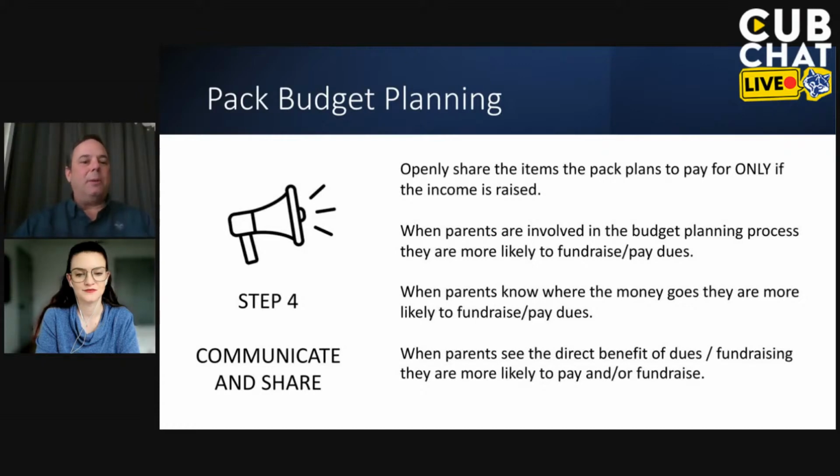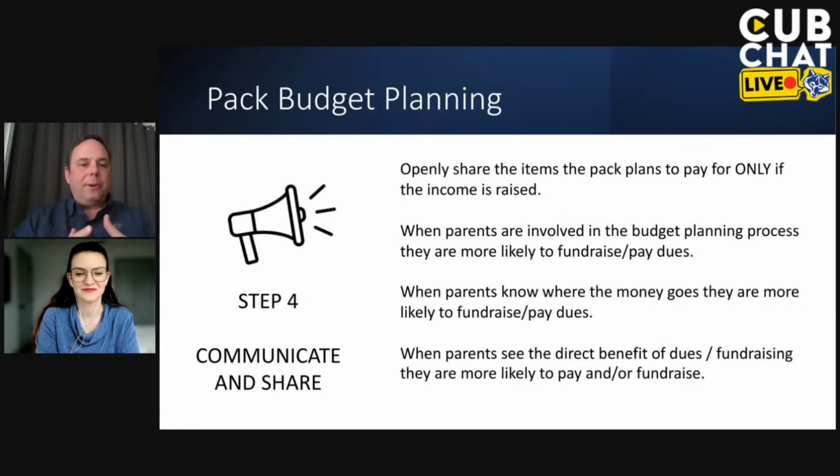So that's the key element of communicating: we plan on doing these things expense-wise, but that's only if we do these things on the income side too. Oh, okay. So you do have to make that connection with parents. You do have to make that connectivity between the expenses that we're budgeting aren't going to come to reality if no one does any fundraising or no one pays their dues or whatever it might be.